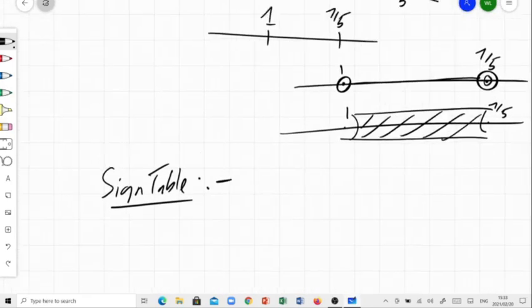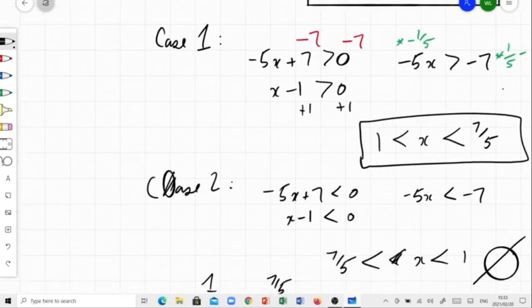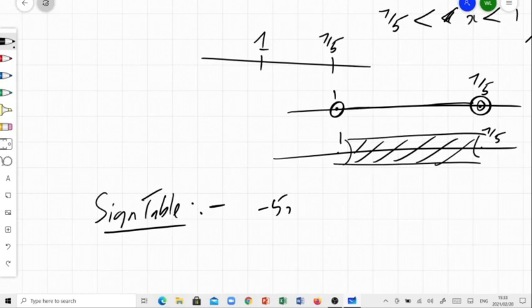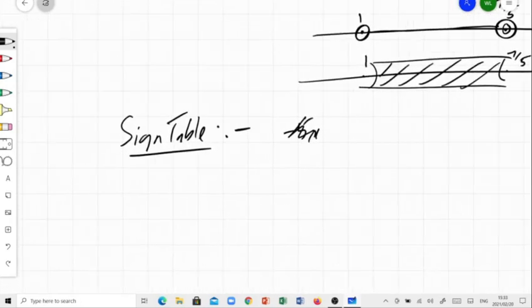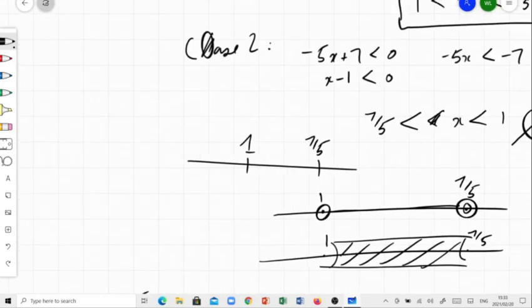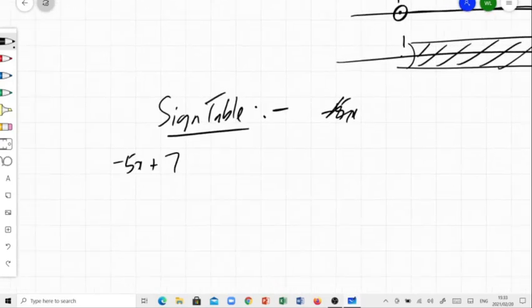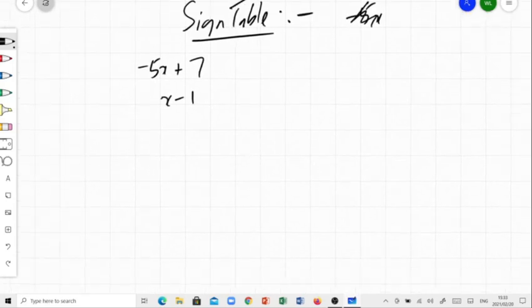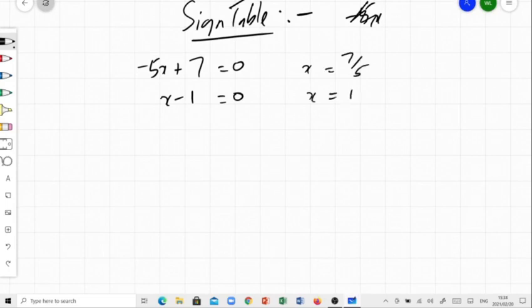The first thing you have to do is get the zeros. Remember it is minus 5x plus 7, that's your numerator, and the denominator is x minus 1. So we find out when they are equal to 0. We get x is precisely 7 upon 5 and x is equal to 1.